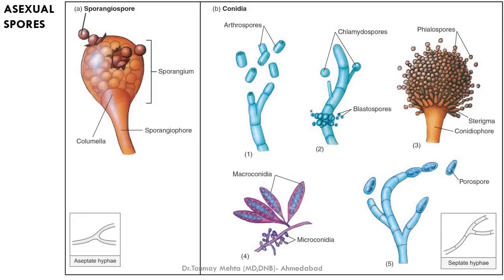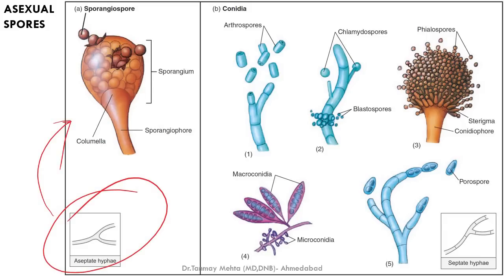So for asexual spores, usually lower fungi have aseptate hyphae, and they produce endogenous spores known as sporangiospores within a sporangium. If it is septate hyphae or higher fungi, it can produce conidia. It could be arthroconidia, which is due to breakage of hyphae at the junction of septa.